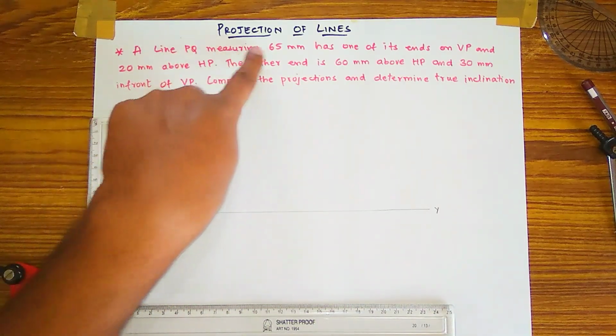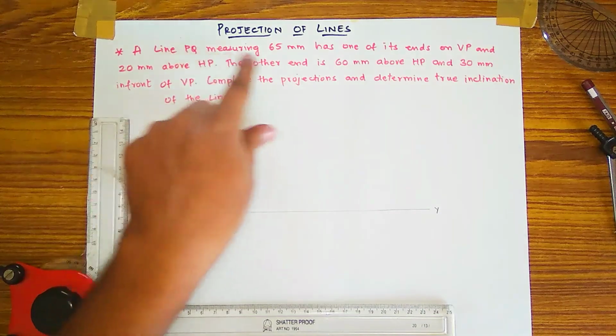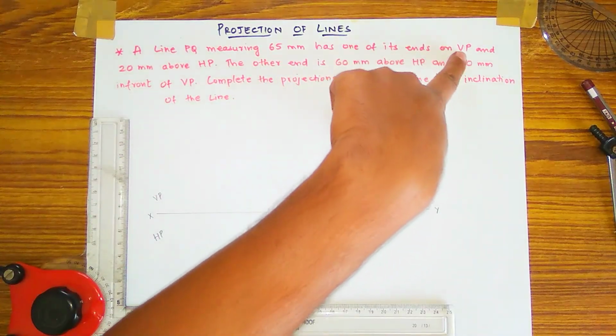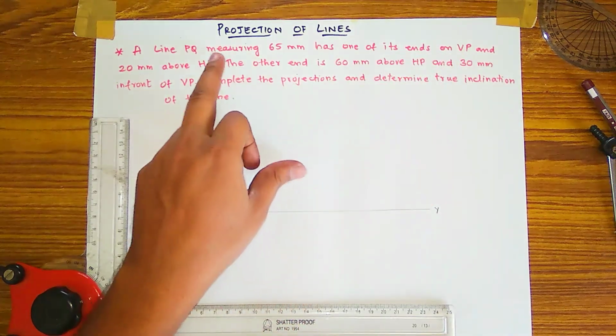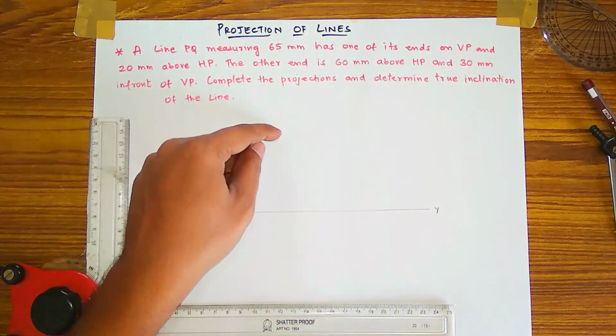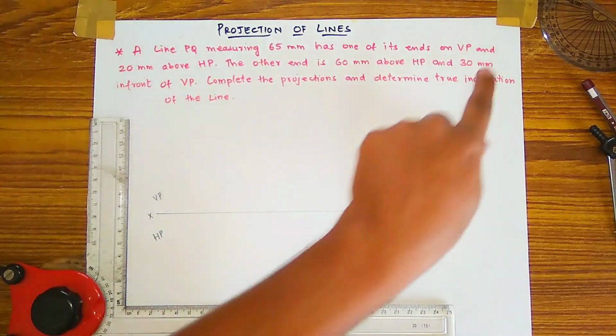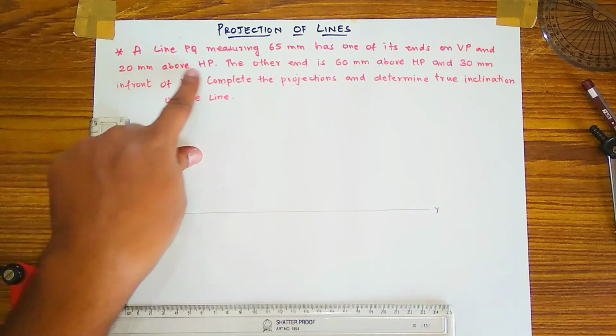A line PQ measuring 65 mm means a PQ line of 65 mm has one of its ends on VP, and 20 mm above HP.